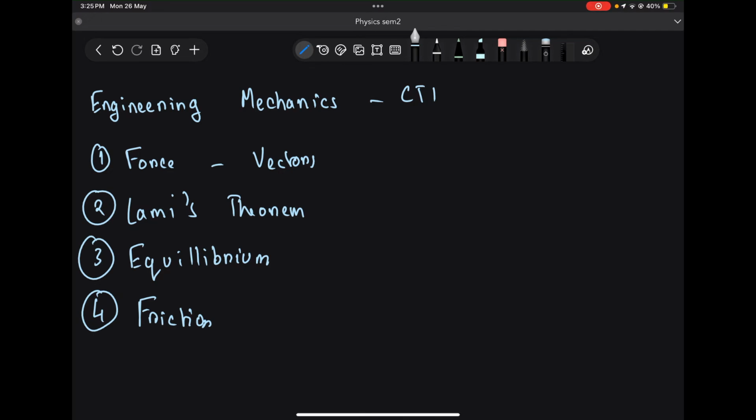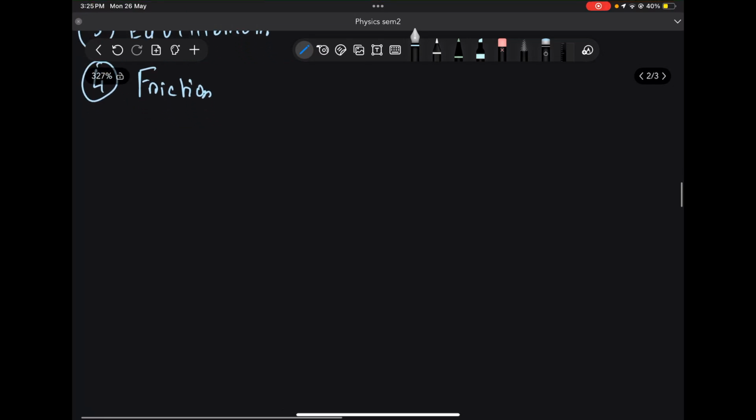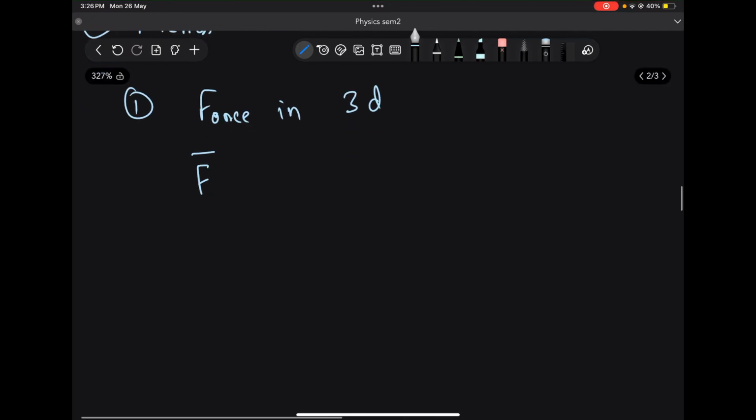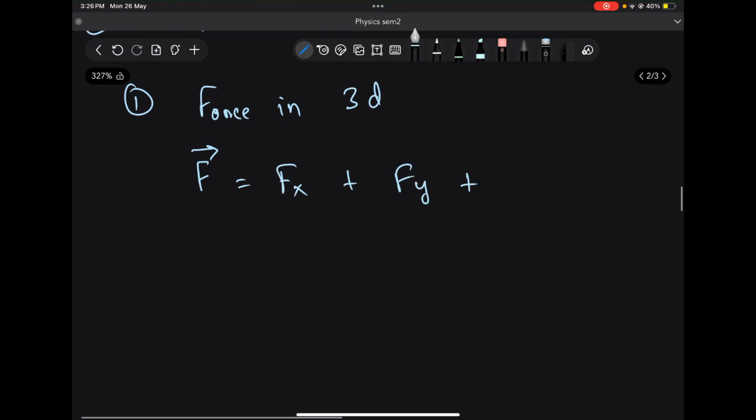So let's start with vectors. Vectors is something we all know and are very familiar with, but there are some things that you might not know, that is force in 3D. Let's say we have some force F which is acting along all three directions of Fx, Fy and Fz.